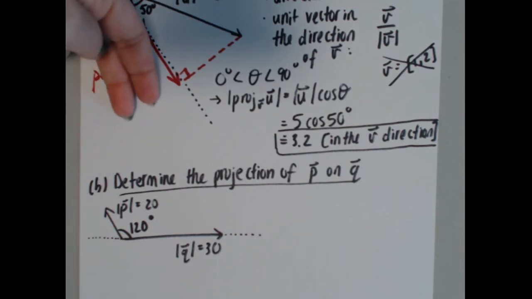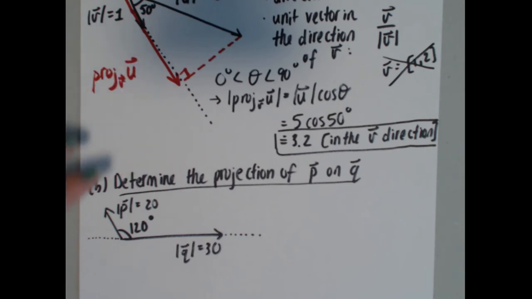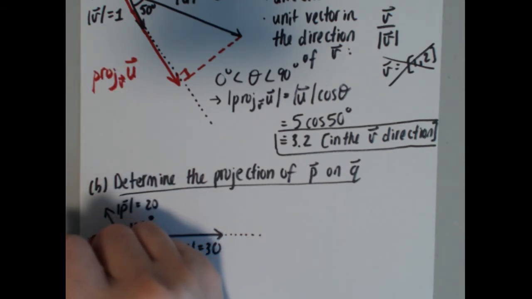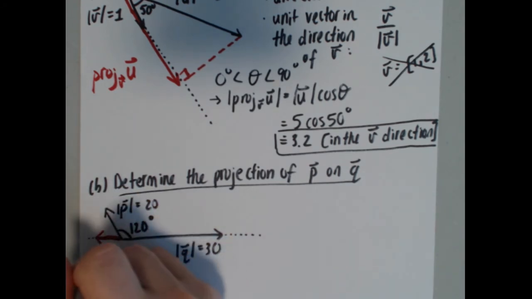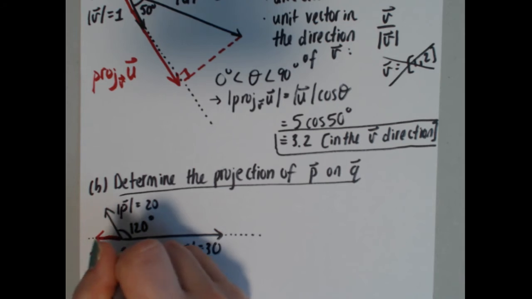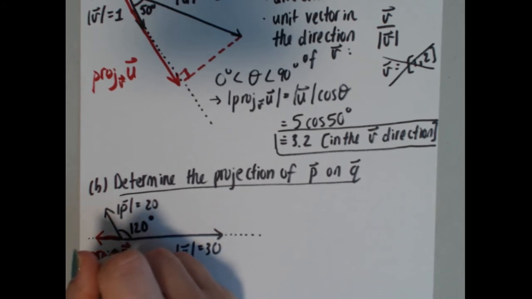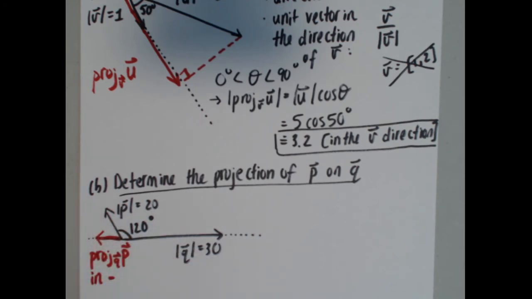So if there's light coming from on top here, the shadow that P casts onto Q is going to look like this. So that is the projection of P onto Q. Notice that it's going in the negative Q direction. That's important to notice, and so that'll come up again when we actually do our calculations.